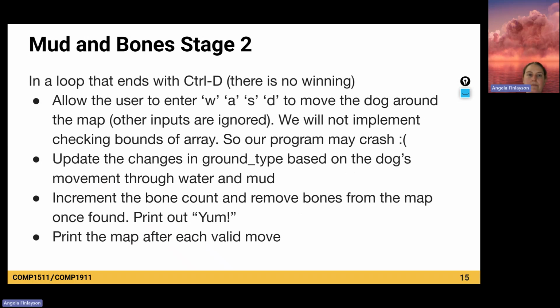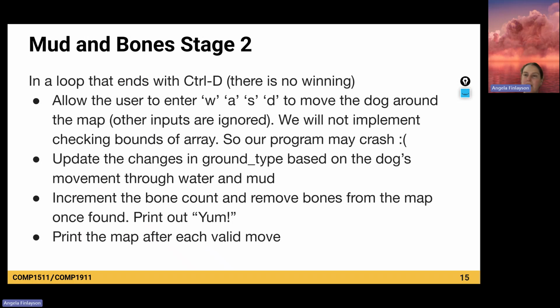After that, we have a loop where the user can enter W, A, S, or D to move the dog around. So W's up, S is down, A is left, D is right, which is very common in these types of games. Other input is just basically ignored.